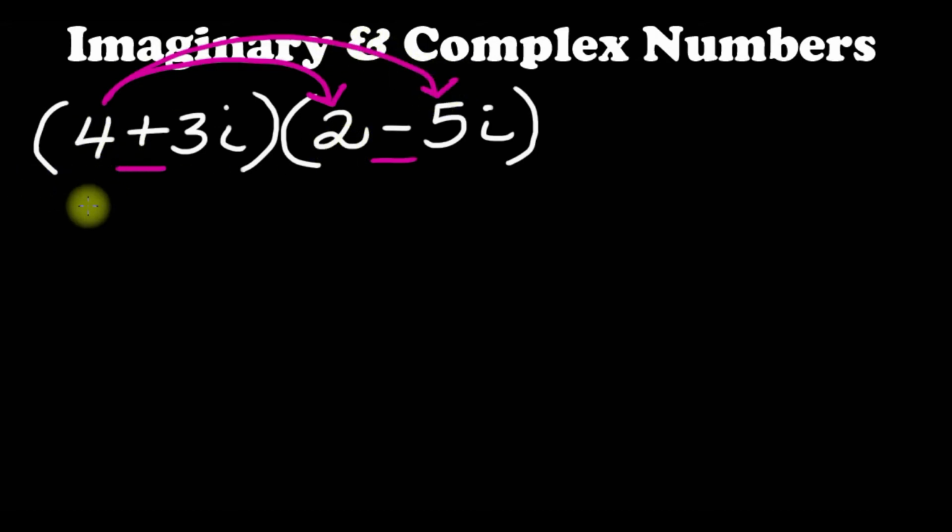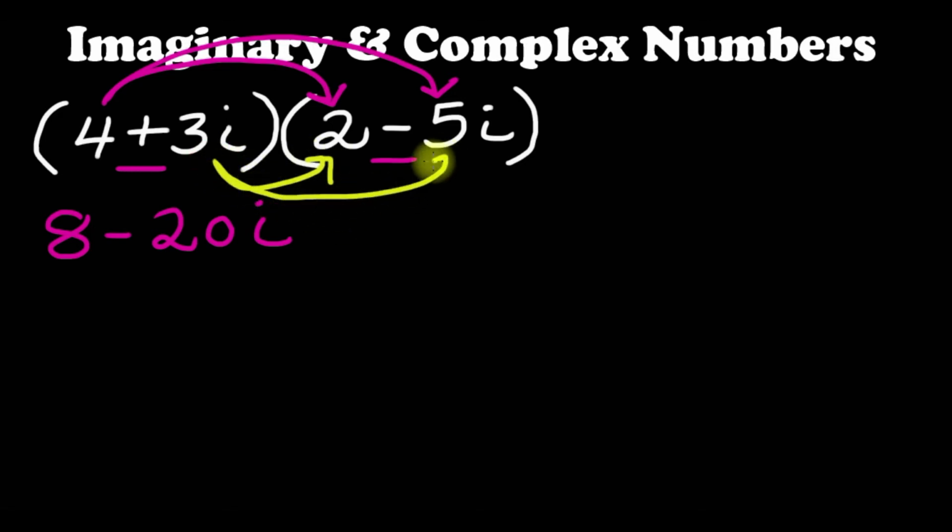Okay, so 4 times 2 is 8. And then 4 times negative 5i is negative 20i. And then you're going to do the exact same thing with the 3i, distributive property. So 3i times 2, and then 3i times negative 5i.